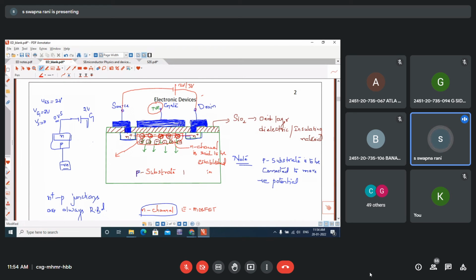This channel is also called the inversion layer, because in the p-type substrate, an n-type channel is created. The substrate is p-type, but the channel which was established is of the opposite type, n-type, and it is an inversion layer.